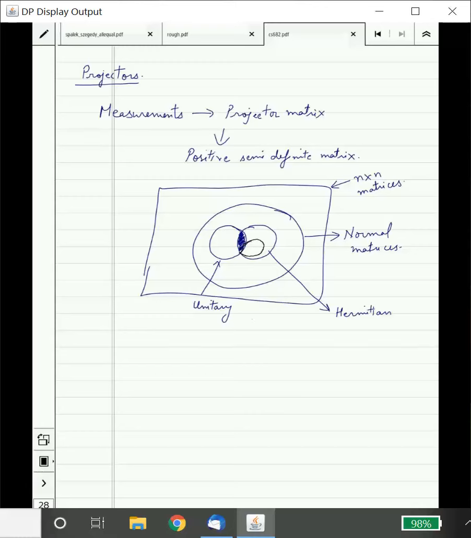These were a subclass of Hermitian matrices, and the only positive semi-definite matrix which is unitary is identity. The only next class left to study is another subclass of PSD matrices, which I am going to call projector matrices.